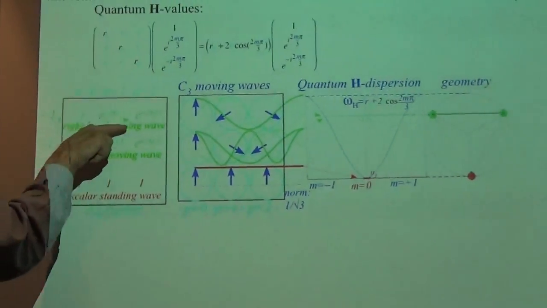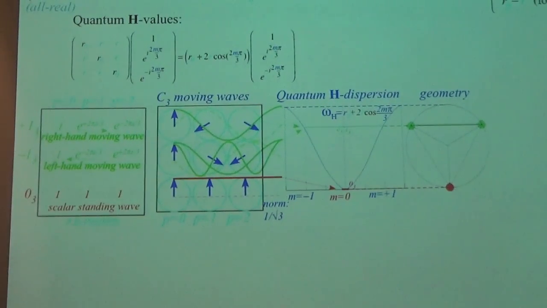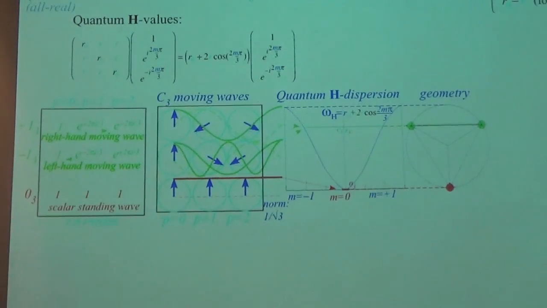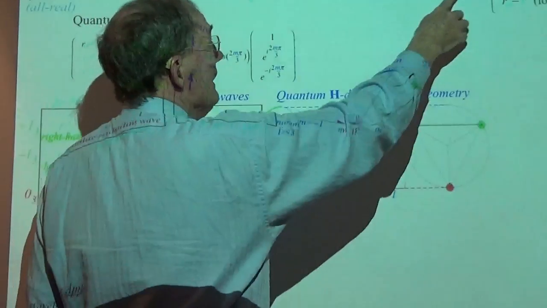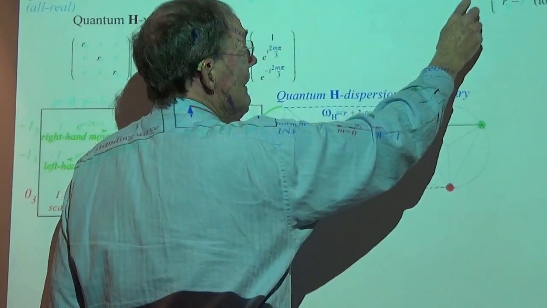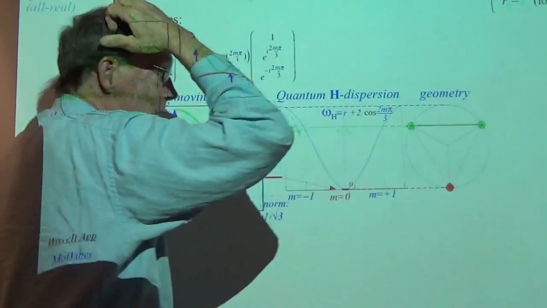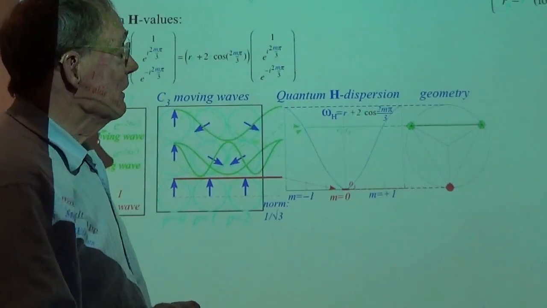A right-handed moving wave and a left-handed moving wave are being shown here, and then the scalar standing wave is being shown here. And this is the dispersion function that we would calculate for any m, or any n, remember, n equals 3 for this thing. We're going to be doing that with more than 3 very shortly.